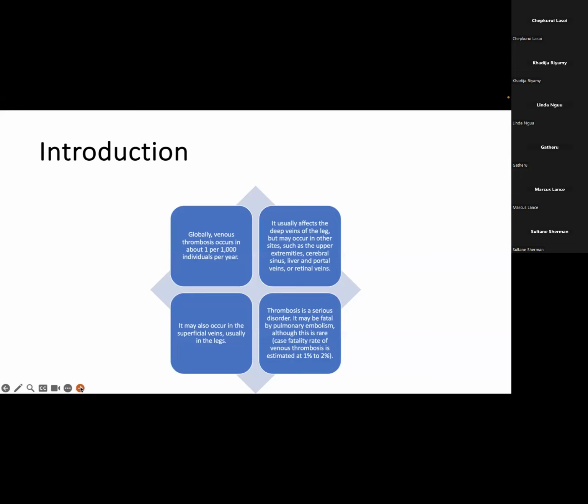And then we also must take note that thrombosis is a serious disorder. It may be fatal by pulmonary embolism, although this is rare if we look at the general population, because the case fatality rate of venous thrombosis is estimated at 1% to 2%.